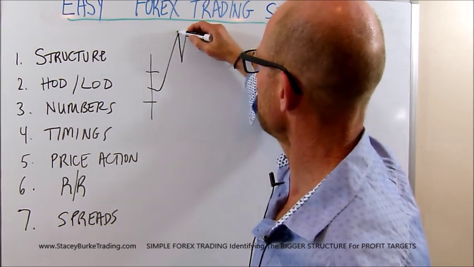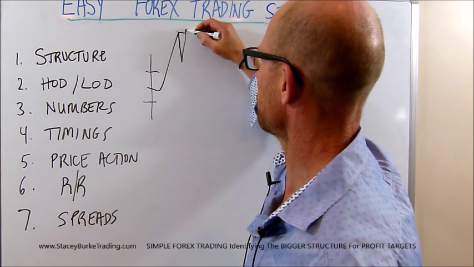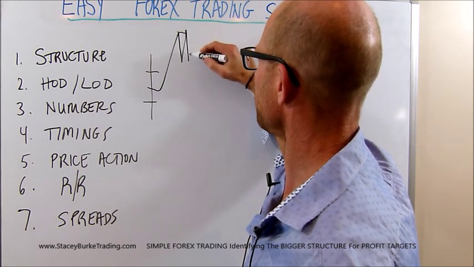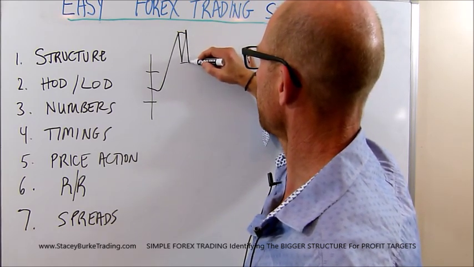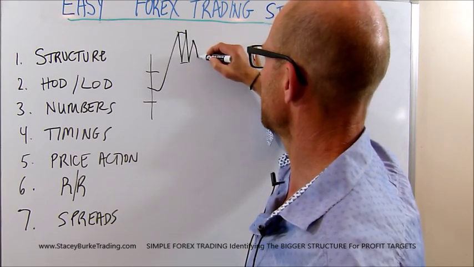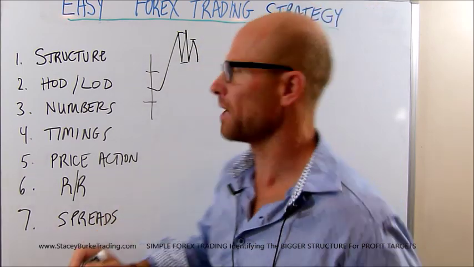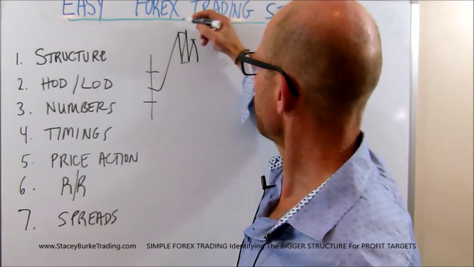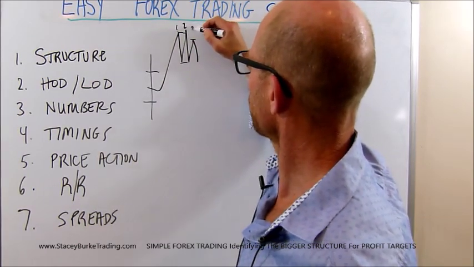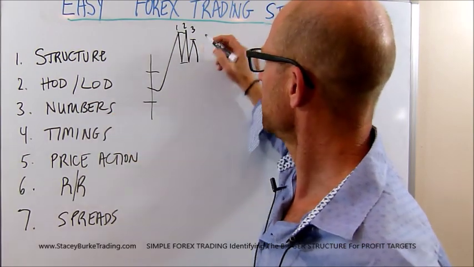Next thing you know, it goes up and hits the high again and goes up another 150, 200 pips. Comes back down, hits the low, goes back up one last time, and then comes down again before it makes 3 peaks. So we have a 1, 2, 3, but we also have timings.